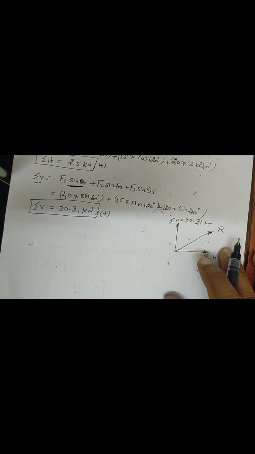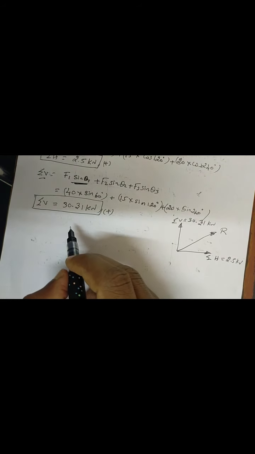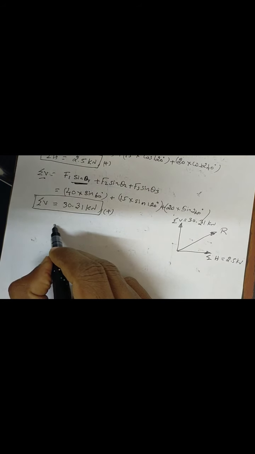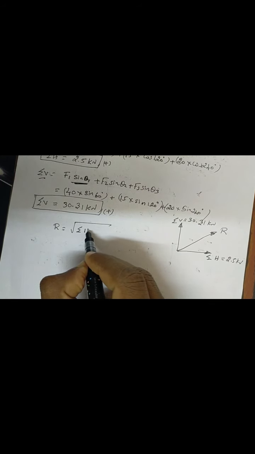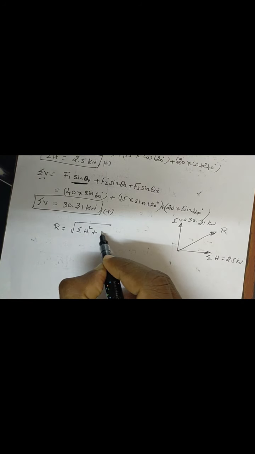Here we should find the resultant force. What is the resultant force? It's nothing, it's a trigonometry rule; this formula is also derived using the trigonometry rule. R equal to square root of summation of H square plus summation of V square.